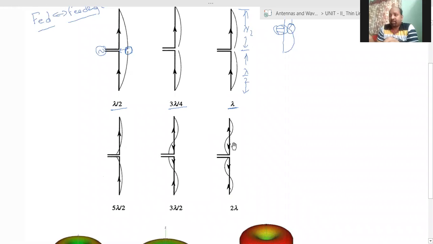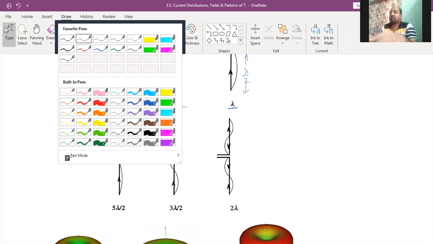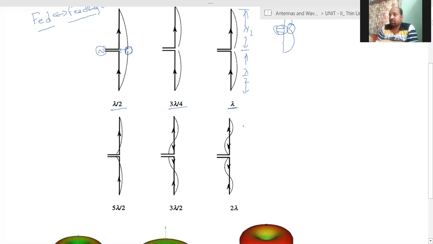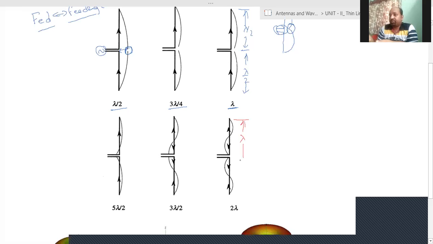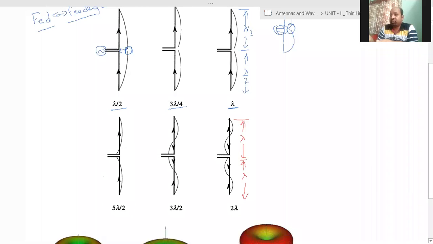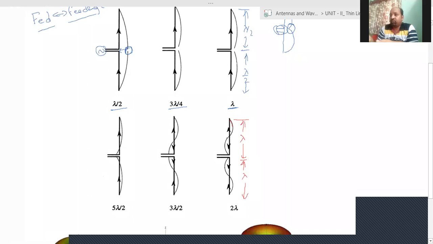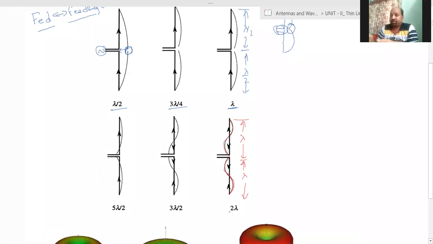And 2 lambda means 2 full wavelengths. You can see here, this is one full wave, lambda, and this is another full wave, lambda. So this is 2 lambda, and then 3 lambda by 2 and 5 lambda by 2.